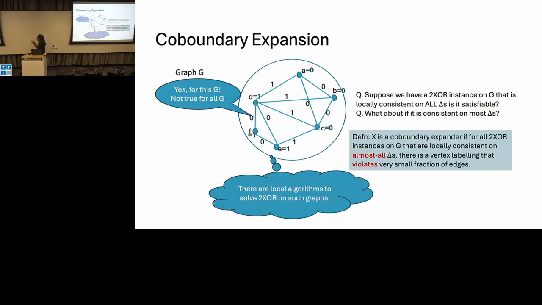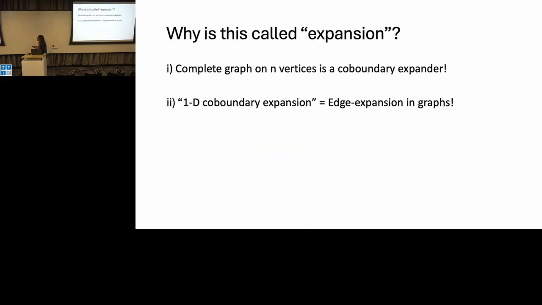Of course, 2 XOR is a hard problem, like getting good assignments, so not all graphs are coboundary expanders. And why this is called expansion is because a complete graph, again, it's very easy to show that it is a coboundary expander, since you can tie all cycles with triangles.